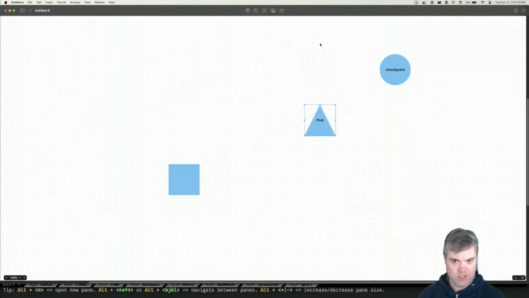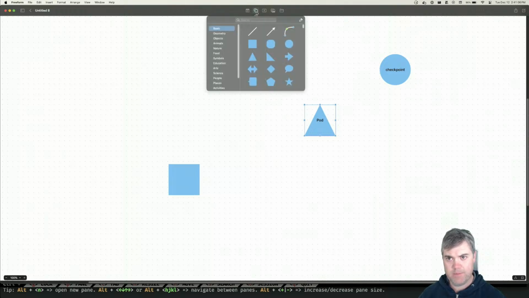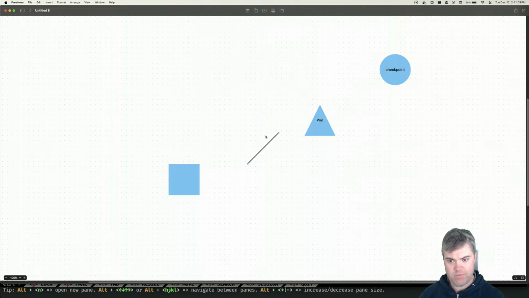If I'm facing straight up and I need to come here, I can calculate this line because I know where the checkpoint is and where we are.